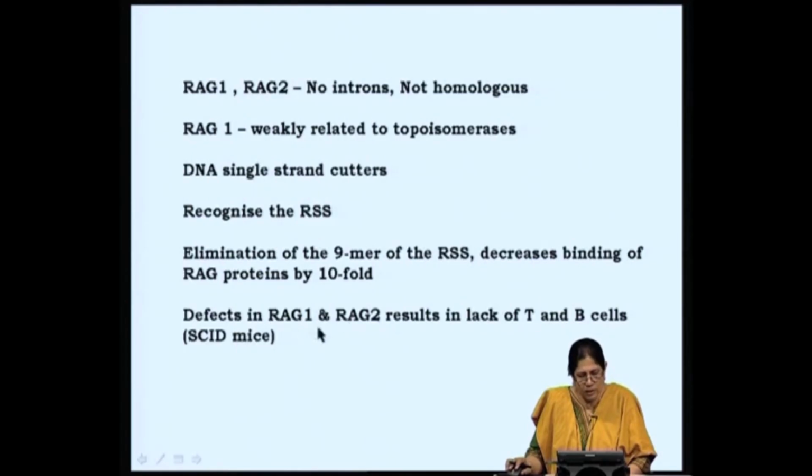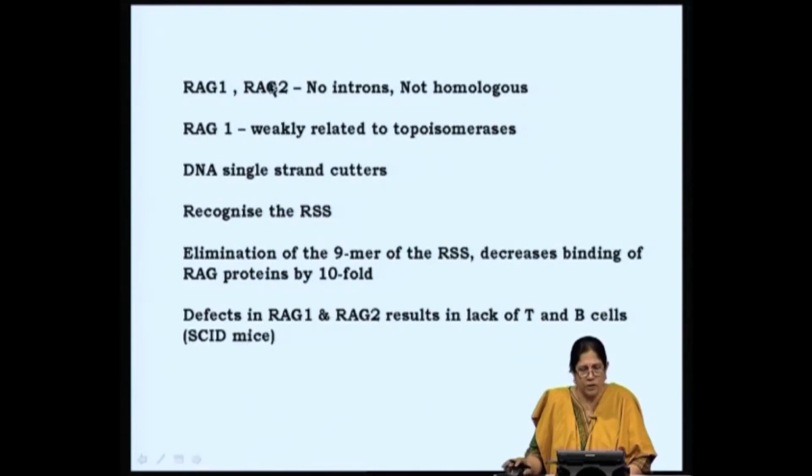Mutations in Rag1 and 2 in these mice do not allow rearrangement of the immunoglobulin genes, and if the immunoglobulin genes cannot be rearranged, then there are no B cells made. Therefore, not only B cells, also T cells. So, such mice lack the acquired arm of the immune system completely.